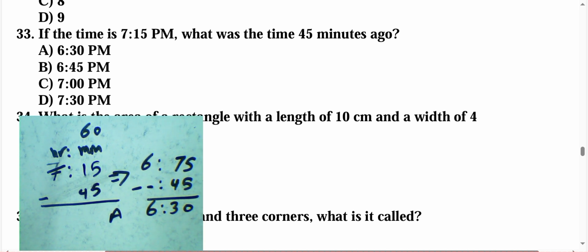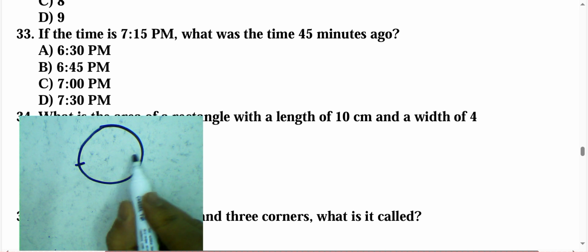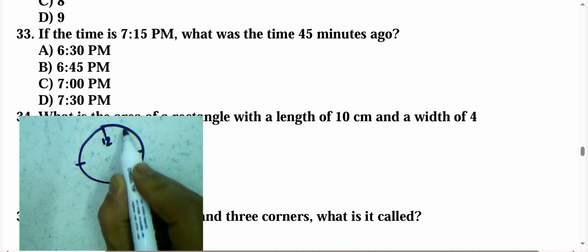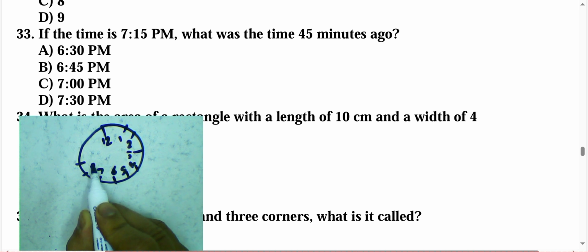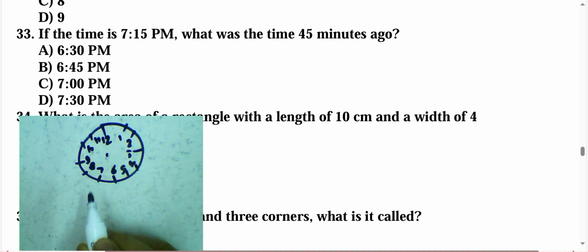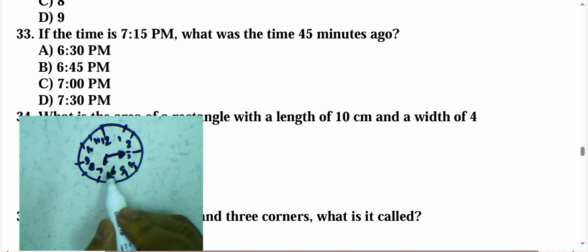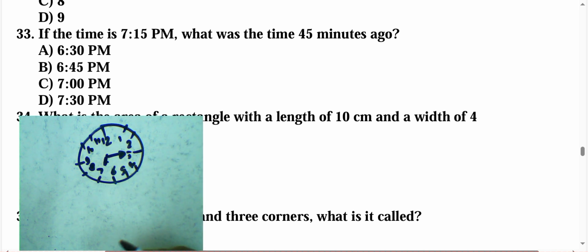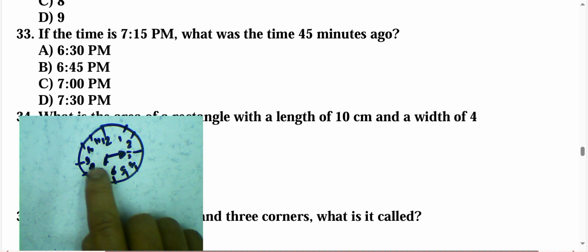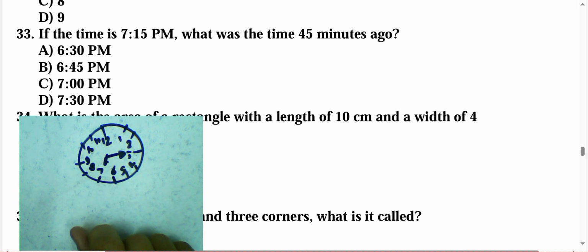Or you can solve this example by another method. You can draw a clock here, and we have 12, 1, 2, 3, 4, 5, 6, 7, 8, 9, 10, 11. The time here was 7:15. He asked about the time 45 minutes ago. Look here, 45 minutes back will reach 6. Because 7:15 subtract 45 minutes.